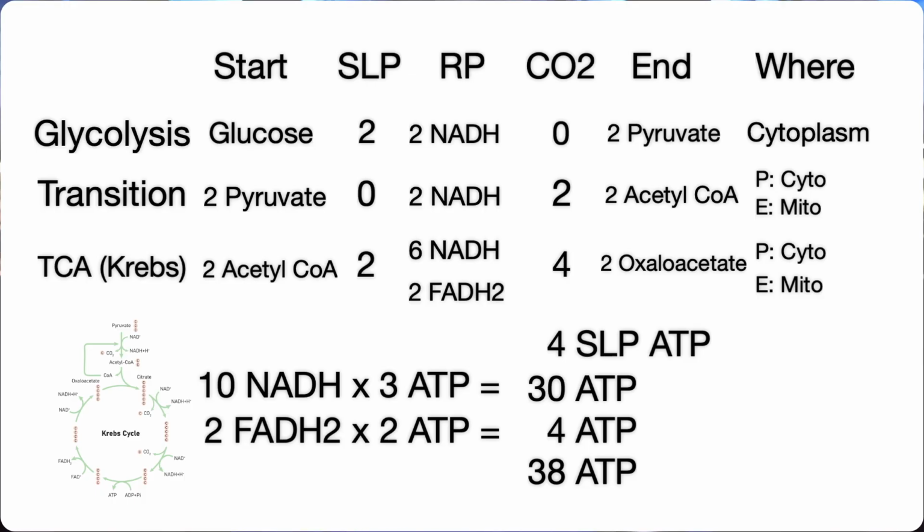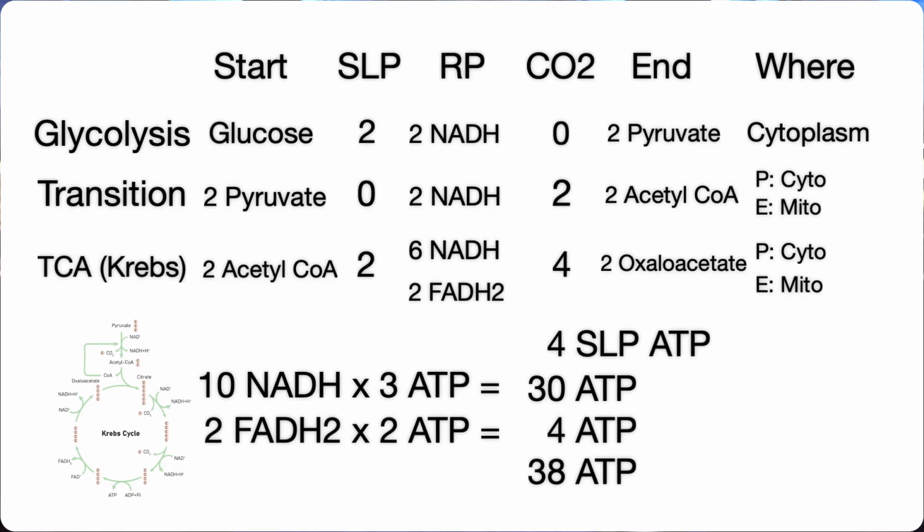I will put that video in the upper right-hand corner and as well as in the description below. But if we have that, we can get a theoretical maximum yield of 38 ATP, but realistically, it's going to be less, often in the upper 20s to lower 30s. But the math worked out really well, and we can get a pretty good idea of what's going on in terms of ATP production with our aerobic chemoorganotroph.